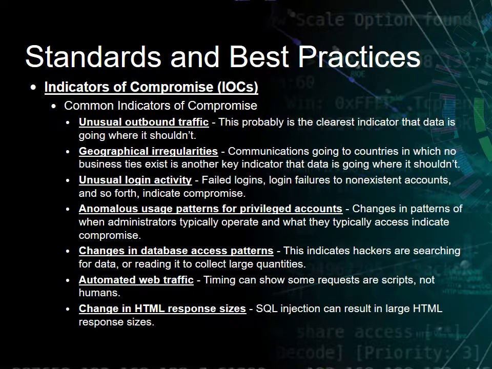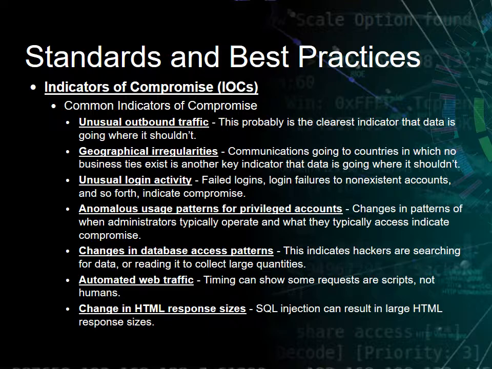So let's look at some indicators of compromise. Unusual outbound traffic. For example, if you're seeing a large data flow going out to an FTP site that you have no reason to be sending data to, that would be an indicator that there's a compromise. Geographical irregularities. If you're seeing people connecting from places that you shouldn't be seeing connections to your network, that's an anomaly that needs to be noted as a potential indicator of a compromise.